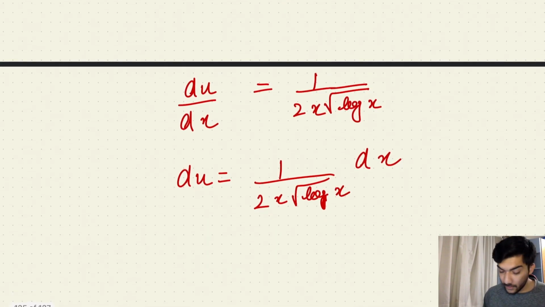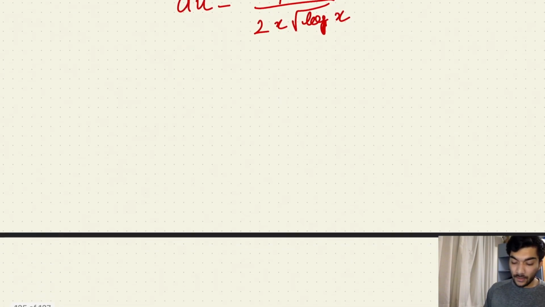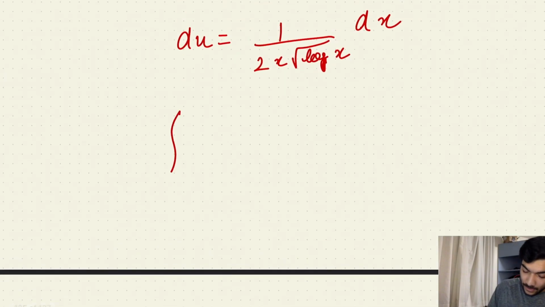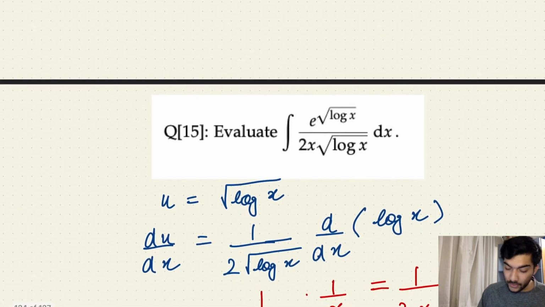Now let's write our original indefinite integral. The original integral was e to the power square root log x over 2x square root log x dx, right? That was our original integral expression.